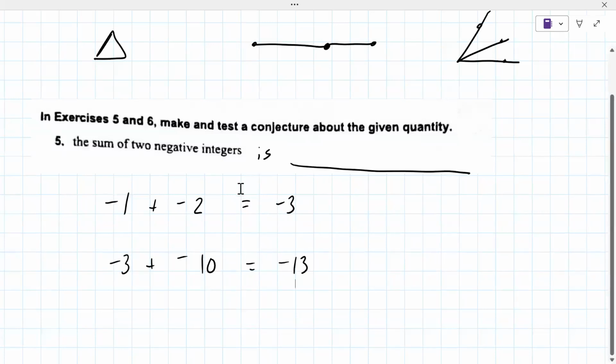Like you saw in questions 1 through 4, you're supposed to come up with a pattern. What do you notice about the answer? What could you say is the same about both of these answers? They're both negative. Yes. So we could say the sum of two negative integers is always negative, and that is always true.